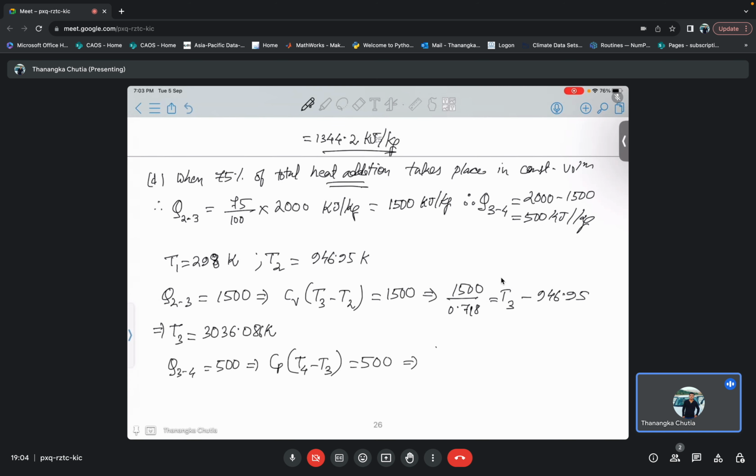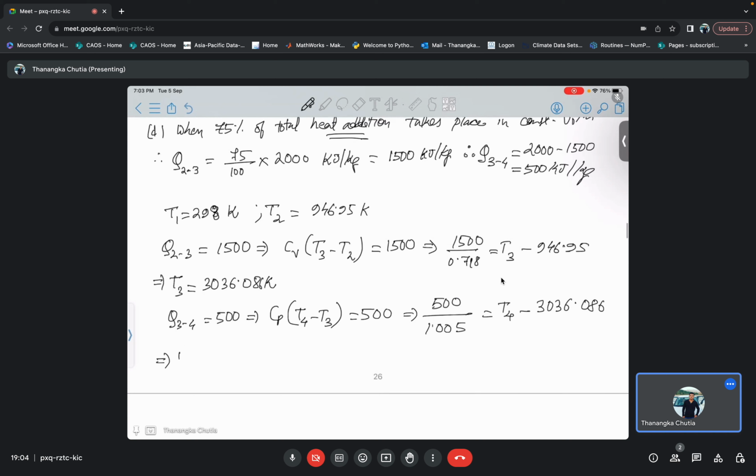So from here I will get 500 divided by 1.005 is equal to T4 minus T3, which is 3036.086. So T4 is 500 divided by 1.005 plus 3036.086. Okay, so this is 3533.59 Kelvin. So T1, T2, T3, T4 is done.